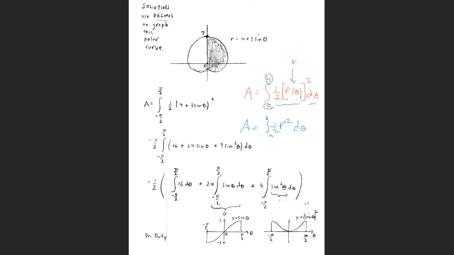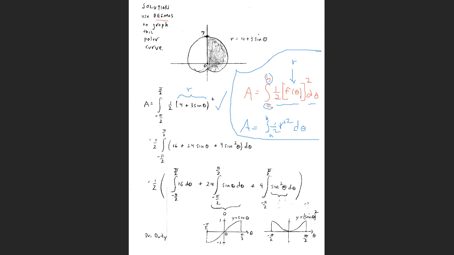Let's apply the formula. In the first step, I just applied the area formula, with r equals 4 plus 3 times sine of theta.